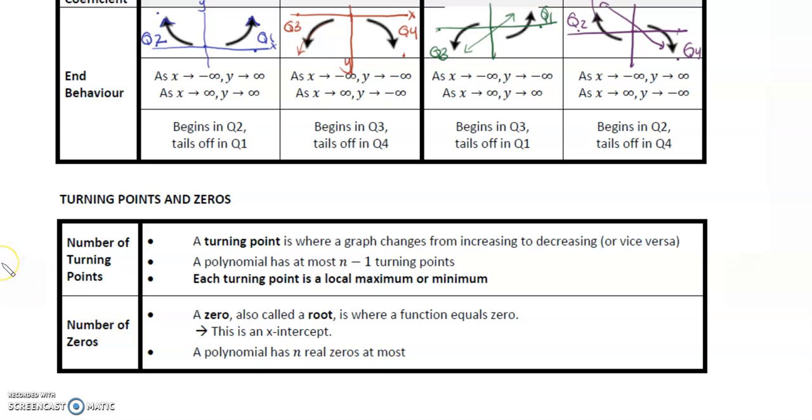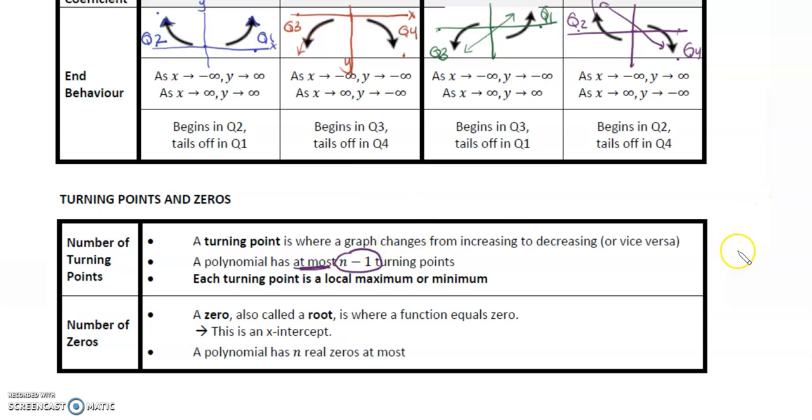Okay, let's talk about turning points and zeros. So the number of turning points. A turning point is where a graph changes from increasing to decreasing or vice versa. A polynomial has at most n minus 1 turning points. This is very general. It gets a little bit more complicated, but at most.